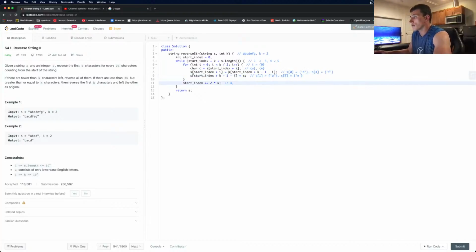Right, and then we add another 4, which makes it 8, and 8 is greater than 5, so we never enter back, and we return s.